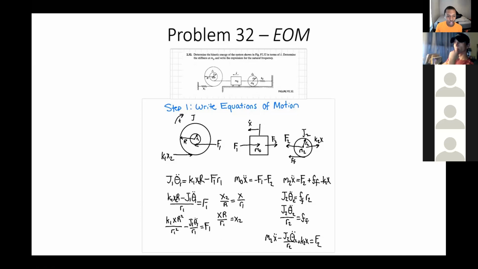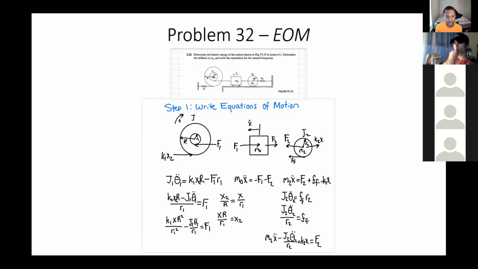So now with this jumbled mess, we can write an equation of motion for each of the systems. The first system, you have F1, R1. The second system, you have F1 and F2. And then the third system, you have F2 and the force of friction. Now we have 3 equations, 3 unknowns.